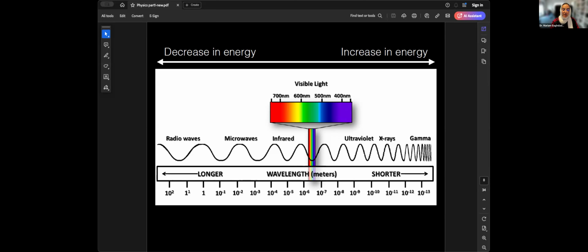Where do X-rays come in? Now when we look at this area of radiation, this energy level, these are called penetrative electromagnetic waves. All of these waves right here are not penetrating.